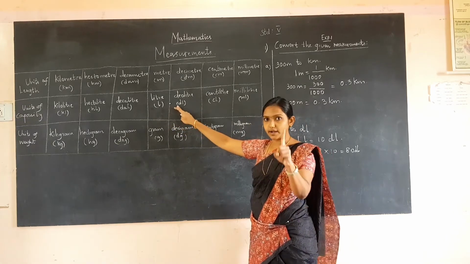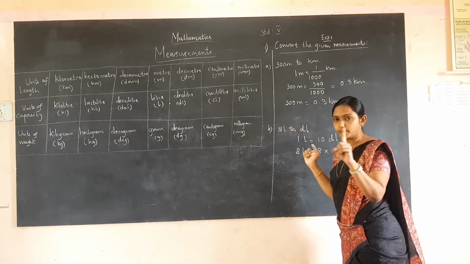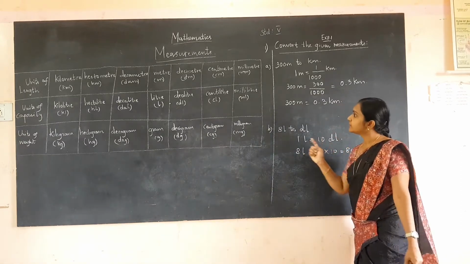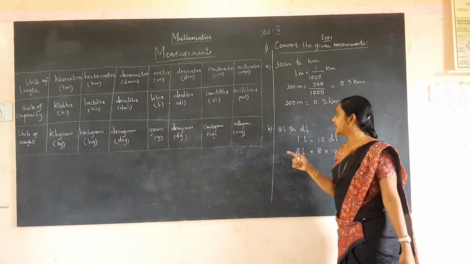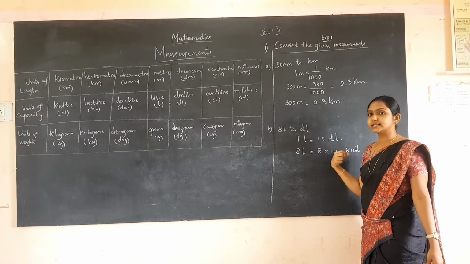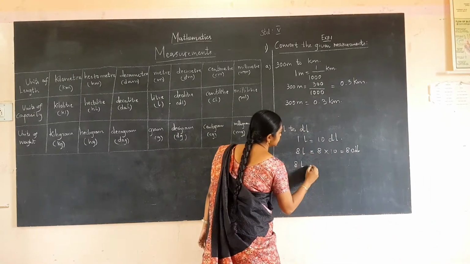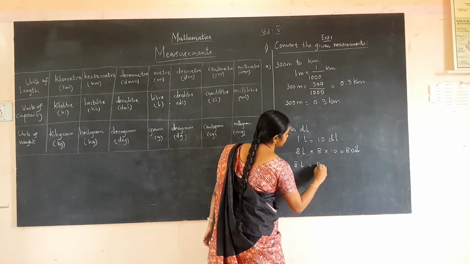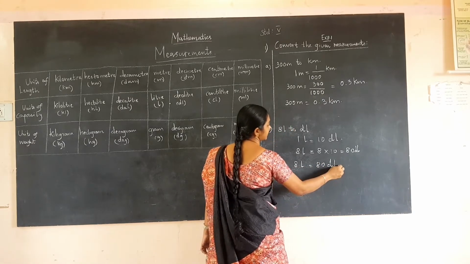We are moving one place, so we consider it as 1 zero. So we multiply 8 liter by 10, that is 80. So 8 liter is equal to 80 deciliter. So we have converted.